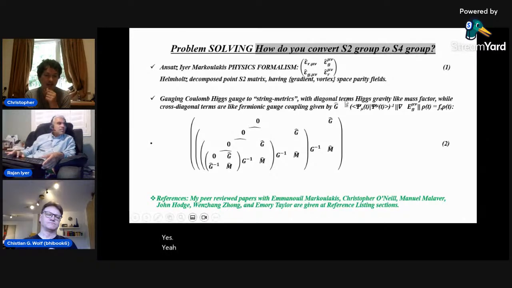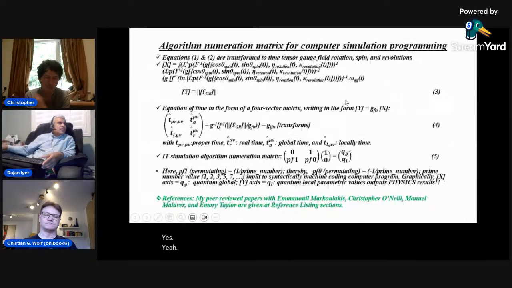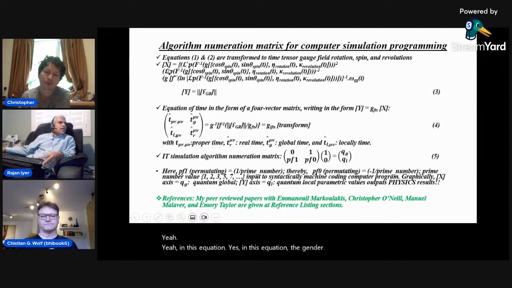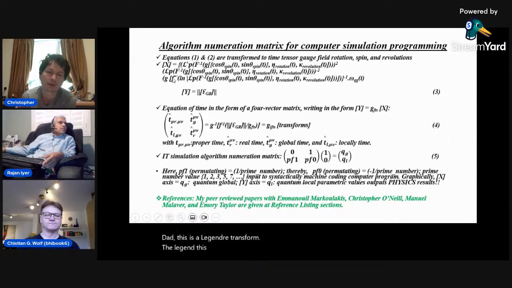You don't use that in equation 1, no? In this one, equation 3, sorry, it's not in there, no? I thought this is a Legendre transform. Which one? The second one. Yeah, the third one here, the small f. The small f is a Legendre of the Laplacian.